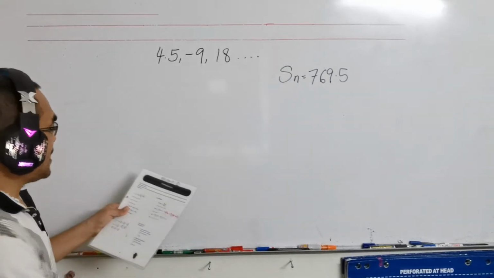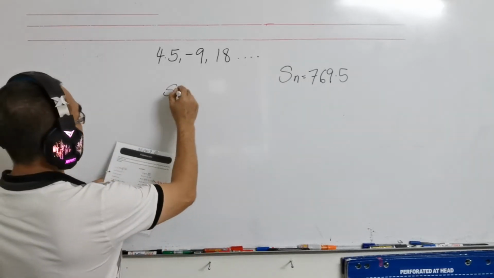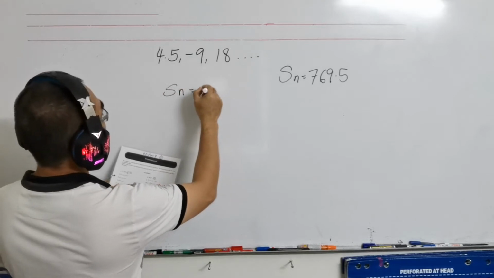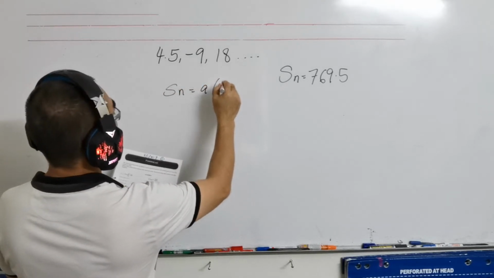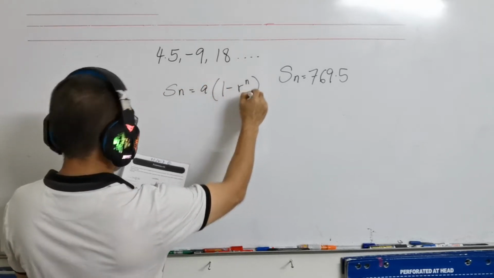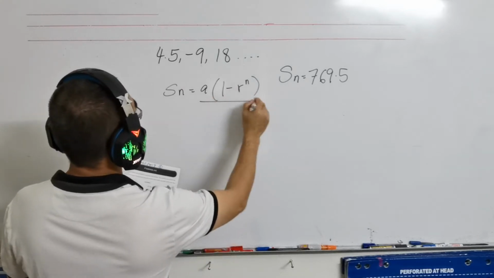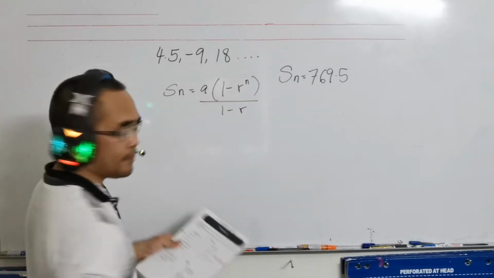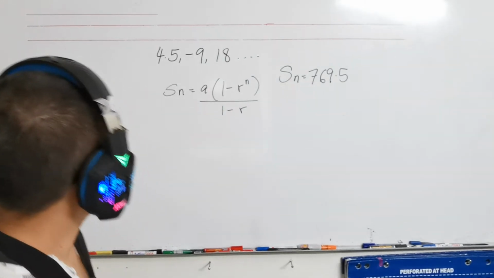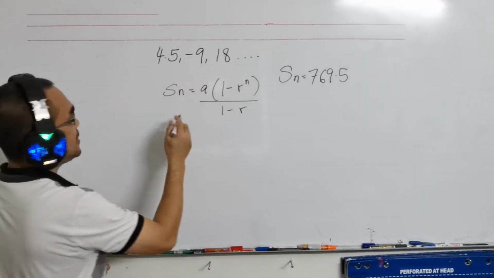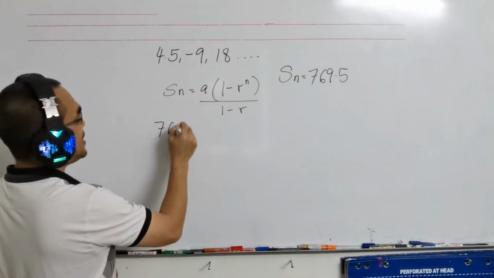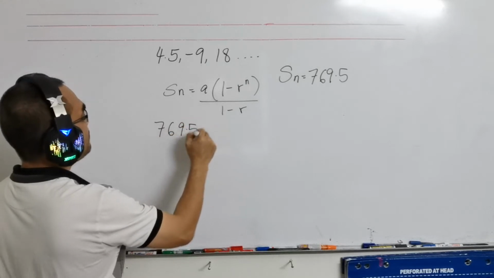So the formula for Sn is a times 1 minus r to the power of n over 1 minus r. So we already know the Sn, which is 769.5.